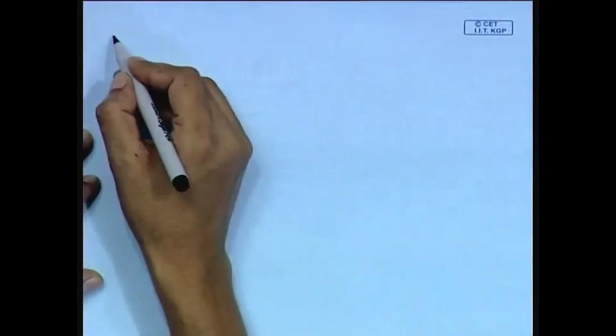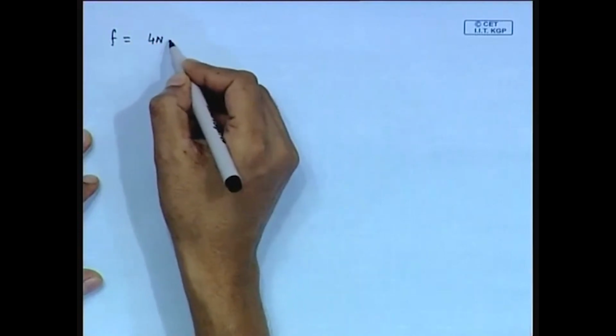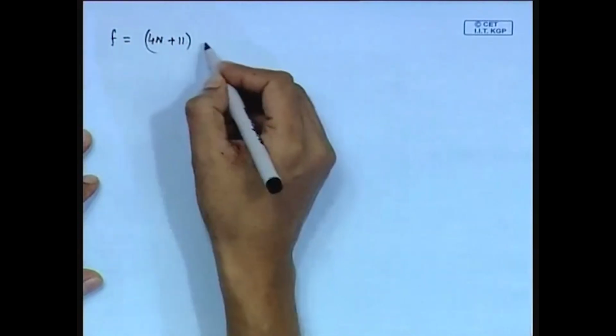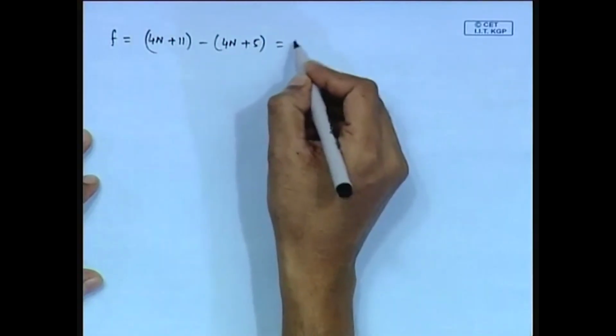So, degrees of freedom f equal to 4n plus 11 minus 4n plus 5, that is 6. Fine. That means this is an under-specified process.